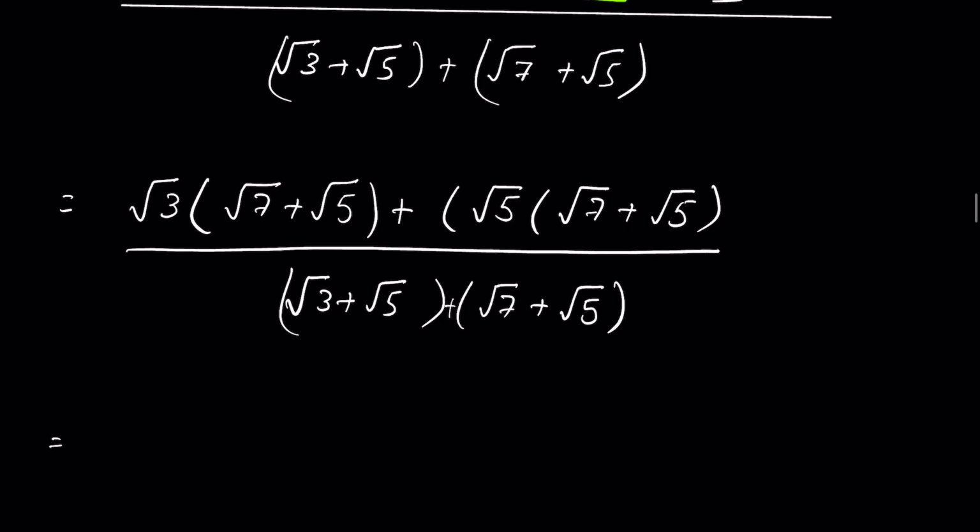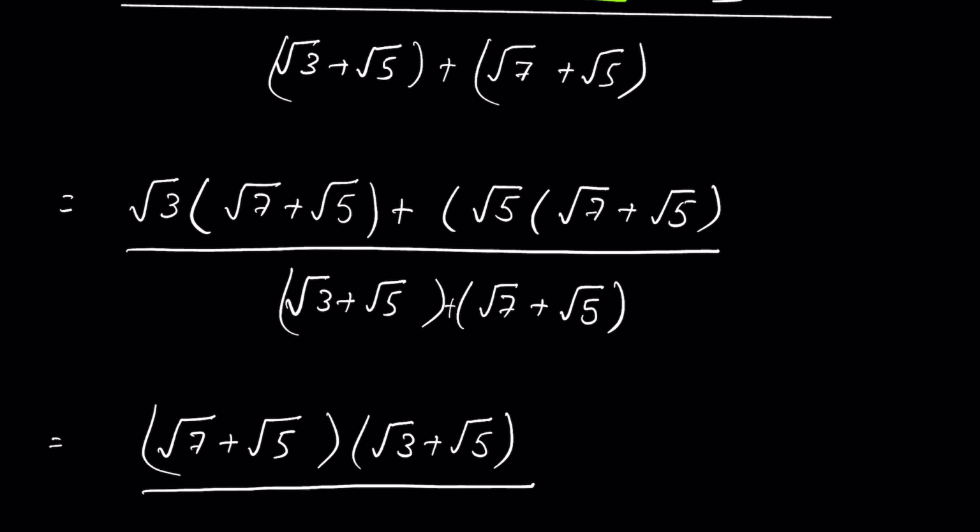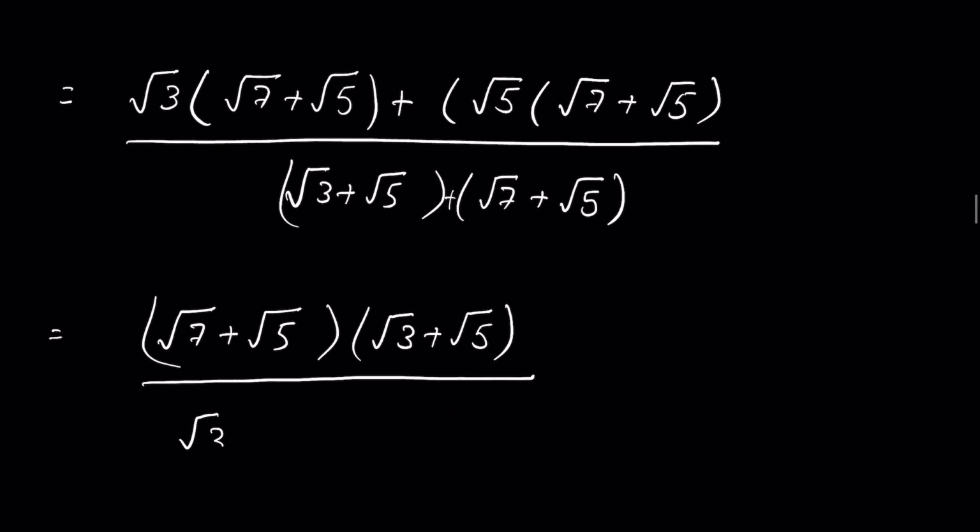Now square root of 7 plus square root of 5 is the common factor, so square root of 7 plus square root of 5, then times square root of 3 plus square root of 5 remaining factor, upon square root of 3 plus square root of 5, plus square root of 7 plus square root of 5.